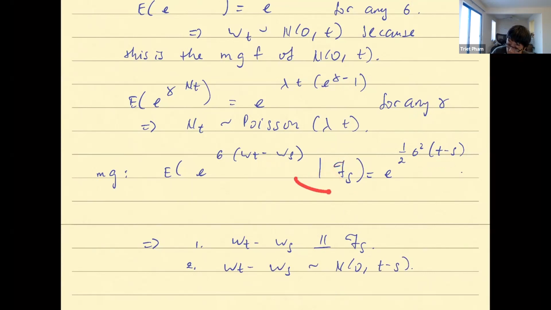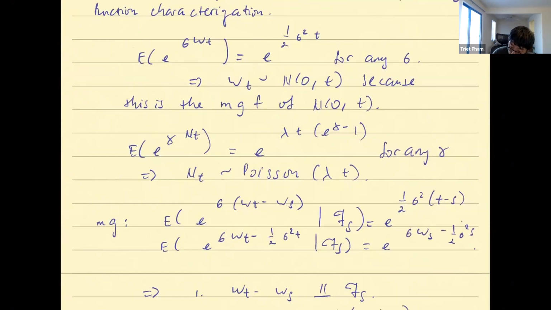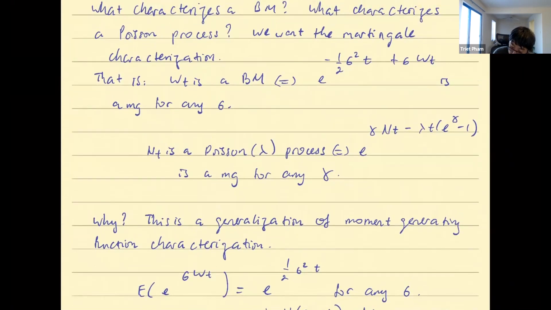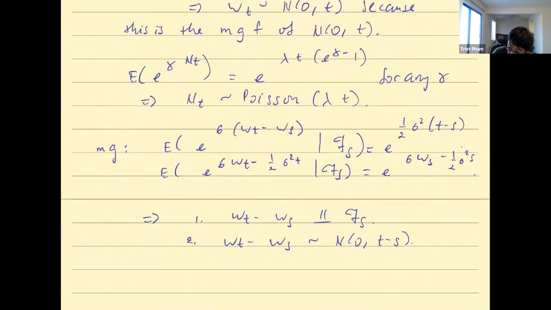And I hope you see this is exactly from the martingale structure, because this is just another way to write it. Does that make sense? So calling this a martingale is just saying this, which allows you this, which exactly collapses to the moment generating function.